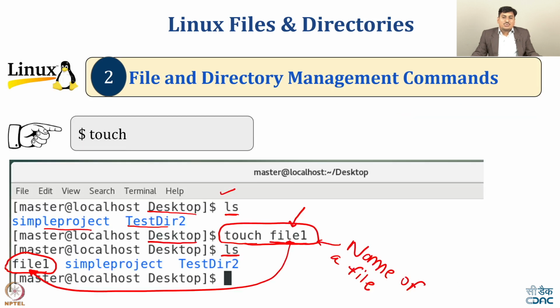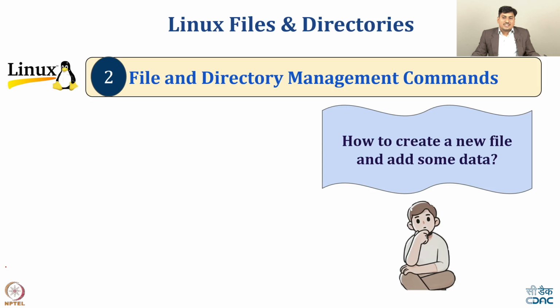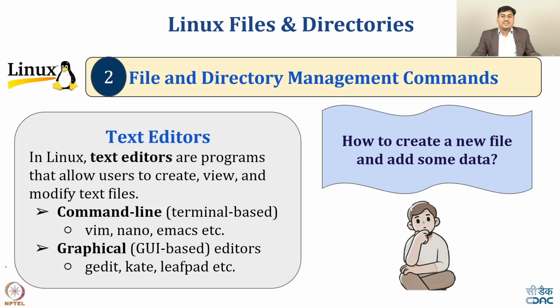If I want to create a new file and add some data into it, there are some standard methods for that. For that you need to use text editors. In the Linux operating system there are two kinds of text editors.